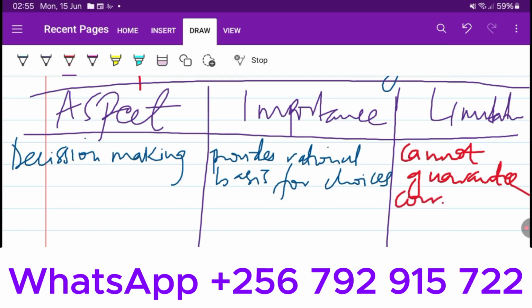So you find that even if statistics helps us in decision making, the only importance is that it provides us with choices of what we can do. But the limitation is that even though we can make a decision, it doesn't guarantee that we are going to have the correct outcome.